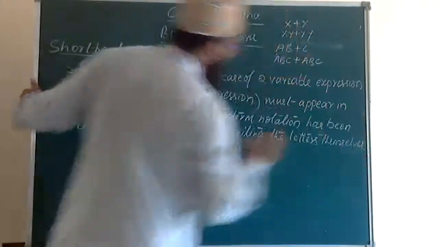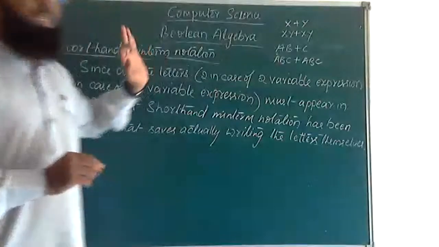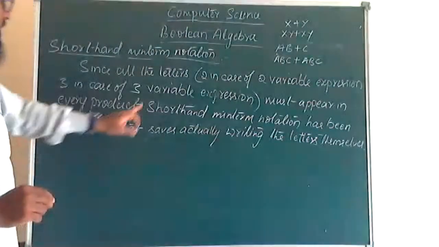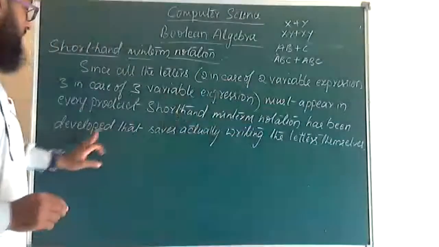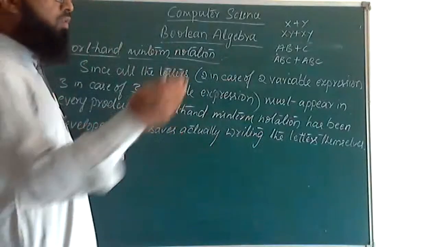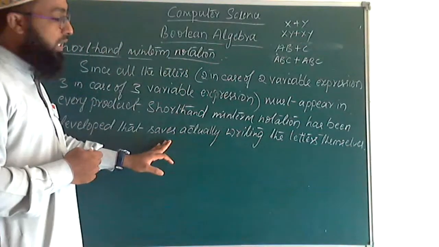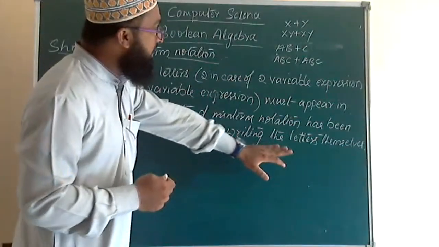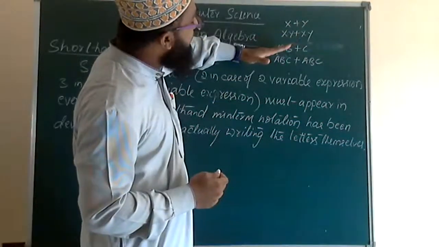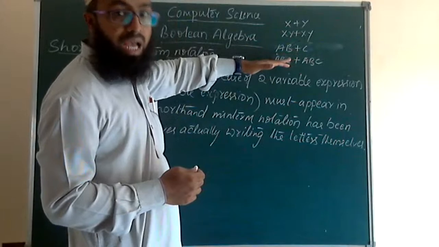As you know, all the letters must be present in every product, either in the first product or in the second product. So shorthand mean term notation has been developed to avoid writing these letters as they are.